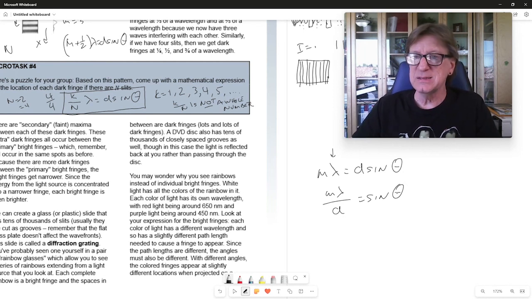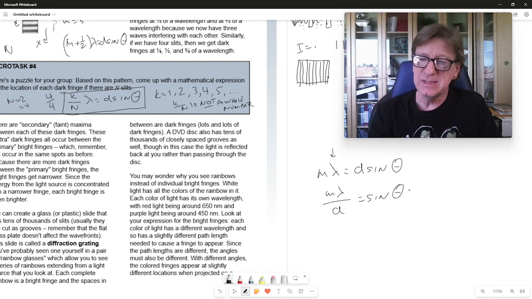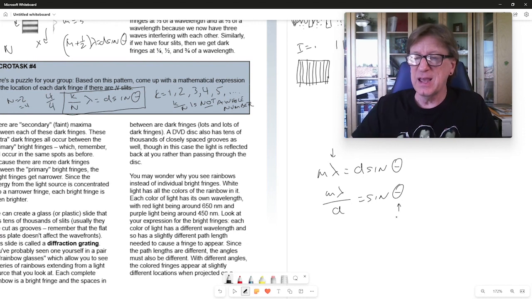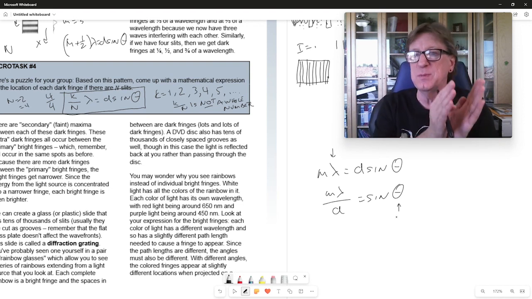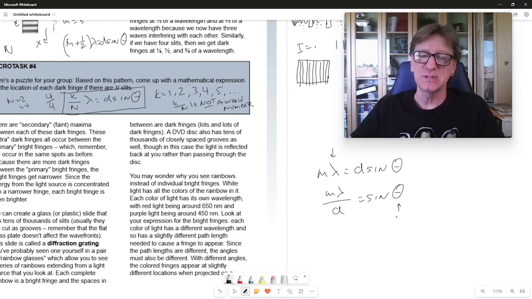So you see that as lambda gets smaller, which corresponds to blue light, we're going to learn, then sine theta also has to get smaller. And that tells me that that angle has to change as well. So since the angle is changing, blue and red will be in different positions. And so that white light is getting split, and that's what's causing your rainbow.